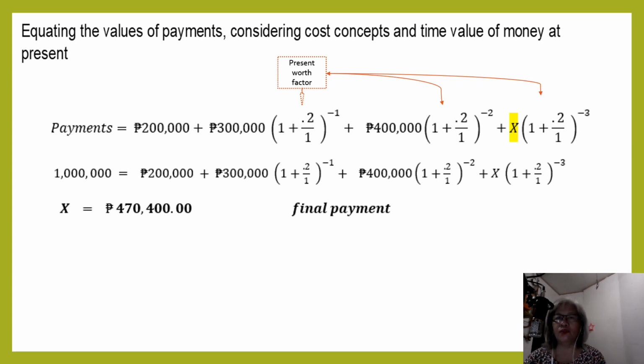Then we add the final payment X, which should also consider its present worth at year 0.